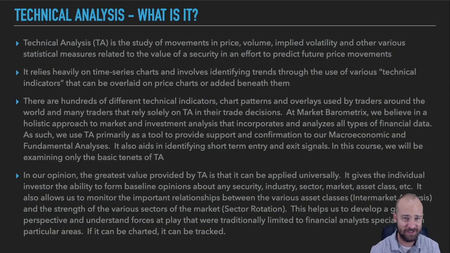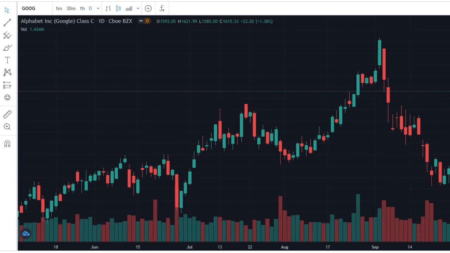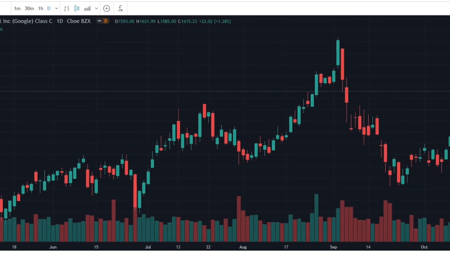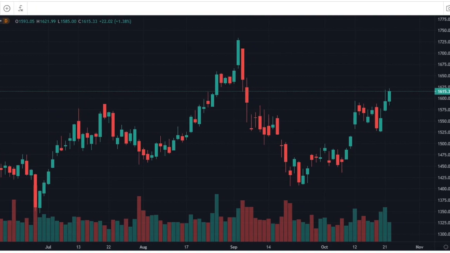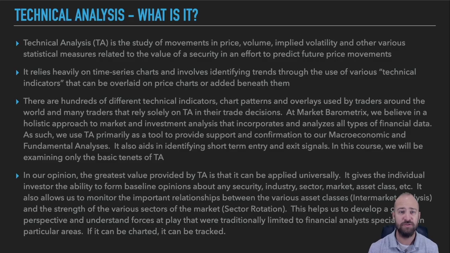So again, technical analysis is just the study of movements in price, volume, implied volatility, and other various statistical measures related to the value of a security in an effort to predict future price movements. Now that's just a fancy way of saying we're going to be looking at charts. We're going to use technical analysis to do things like get a quick glance at the overall market, to evaluate the recent and historical performance of individual securities.